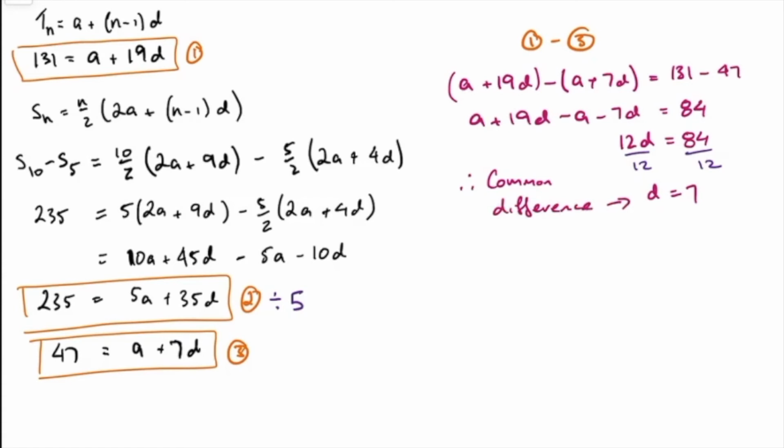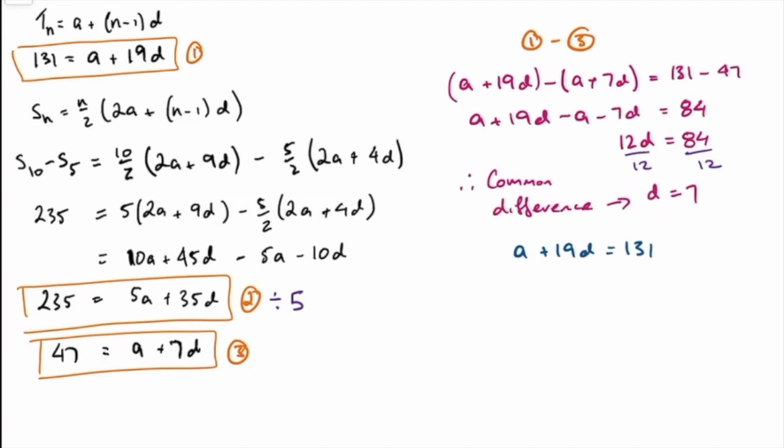Okay, now we've got the value of D. All we need now is the value of A. So let's go back and choose one of our equations. I'm just going to go back and choose the first one because that's just the easiest one to do. Well, not necessarily the easiest one to do. It's just my common practice. You can choose any of the three equations that we've got.